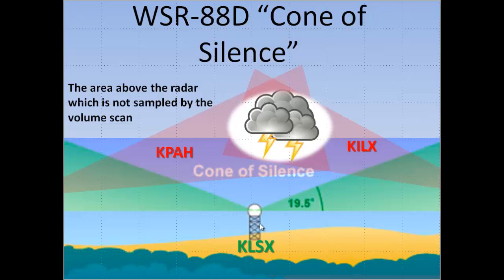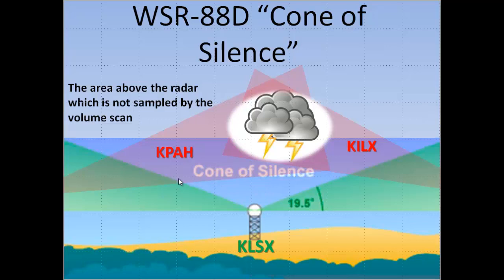It's well within the St. Louis metropolitan area, and we have a difficult time seeing storms that are within that 15 to 20 mile radius because they're above that 19.5 degree slice, which is our topmost slice that our radar will look at.